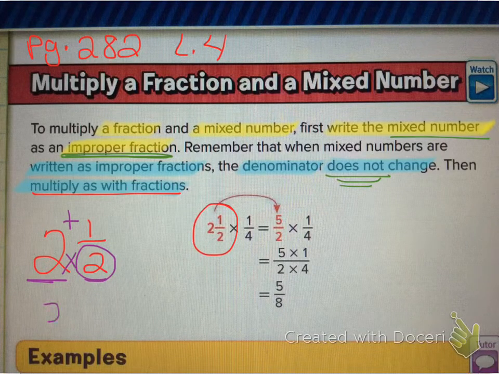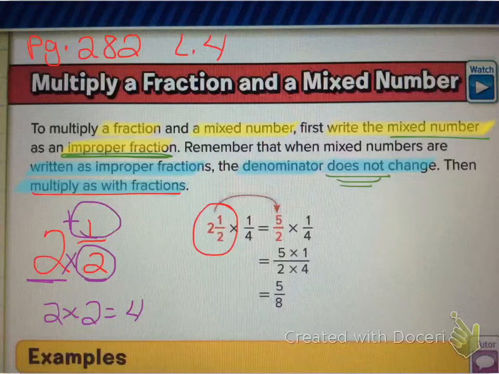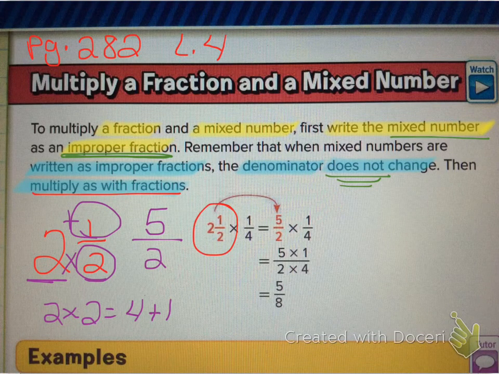So 2 times 2, and we get 4. Then we add whatever we have for a numerator. 4 plus 1 gives us 5. So our numerator becomes 5. Our denominator never changes. It always stays the same. So 2 1/2 is the same as 5 over 2.